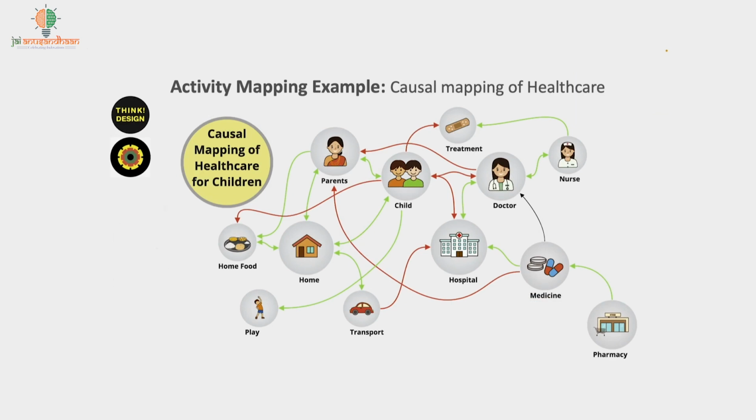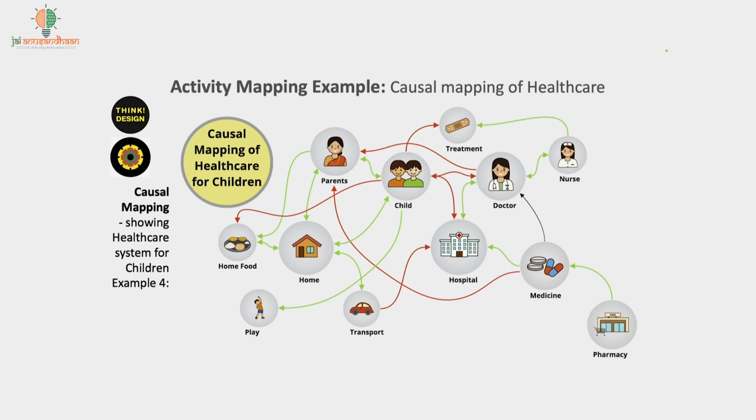Let us have a look at the causal mapping. The topic here is again the child, but with respect to healthcare. All the facilities that are connected with healthcare are mapped here. So you can see that the child's parent is very important. The child has to meet the doctor in a hospital, so the hospital becomes important. And the child from home needs transport to go to the hospital.